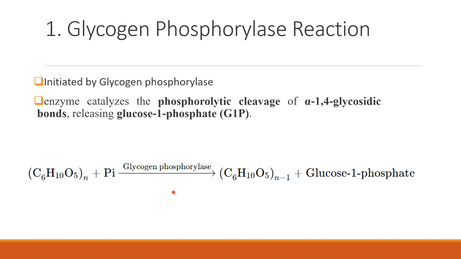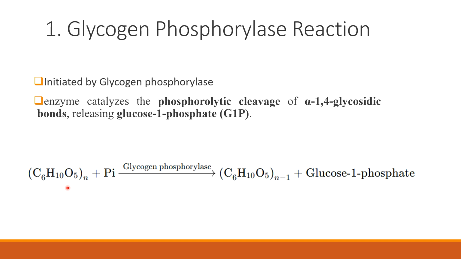This enzyme catalyzes the phosphorolytic cleavage of alpha-1,4 glycosidic bonds, thereby releasing glucose 1-phosphate. This reaction uses inorganic phosphate instead of water, and it also requires pyridoxal phosphate as the coenzyme.